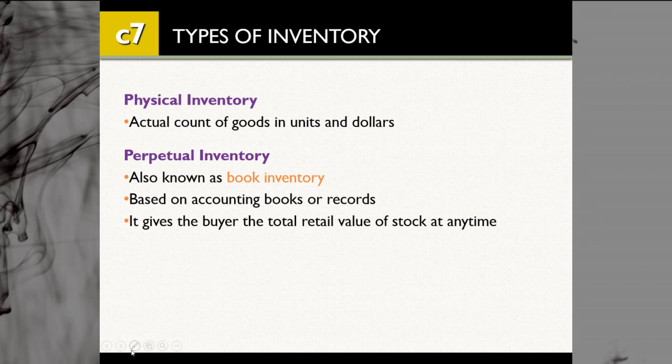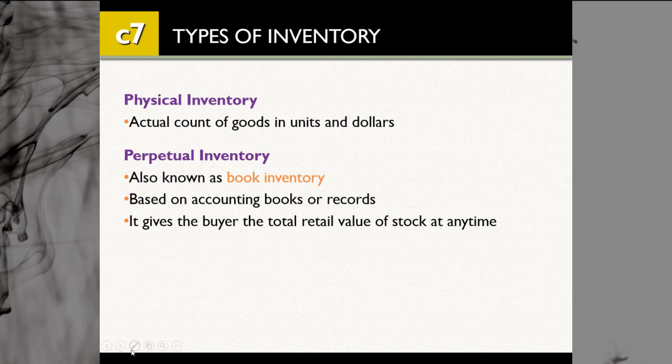Then the other type of inventory you should know is perpetual inventory. Perpetual inventory is also called book inventory, and you can do a check of this book inventory between your physical inventories. This inventory is based on accounting books or records, and the total retail value of the stock can be determined at any time based on this book inventory.